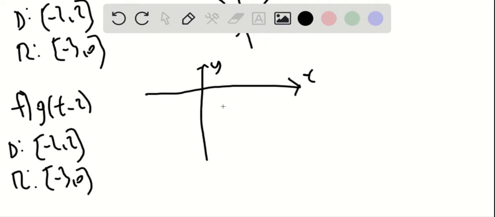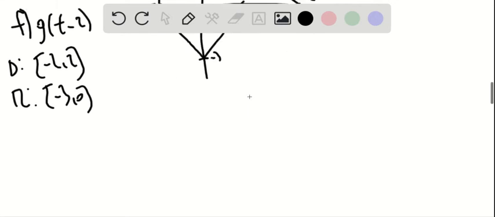We're down here at negative 3 again as our vertex, and we go from 2 to negative 2. Again, this is just a shift 2 units to the right.